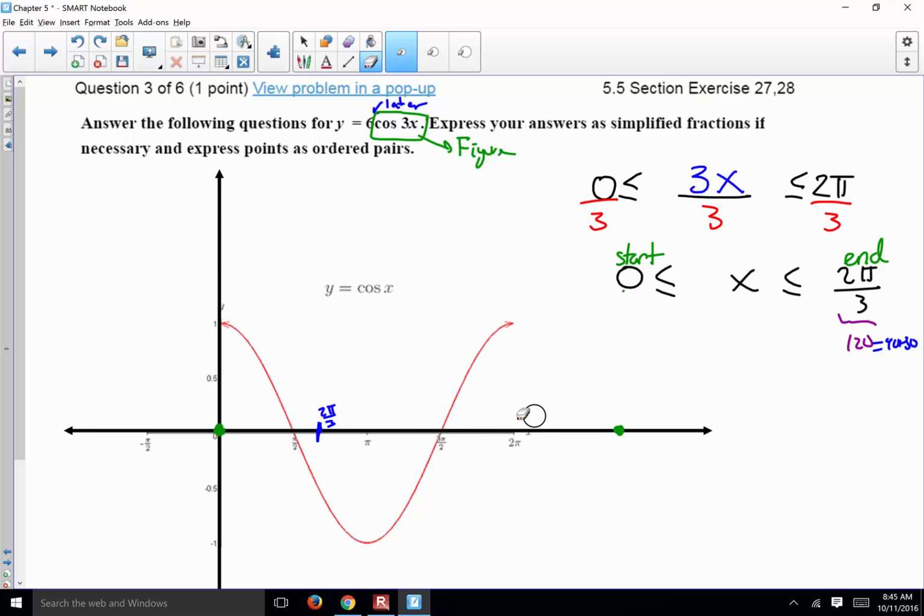Alright, we now know where 2 pi over 3 is. What's gonna happen? This end value used to be right here. This end is gonna be pulled all the way here. That means it's going to make one dive, one climb.